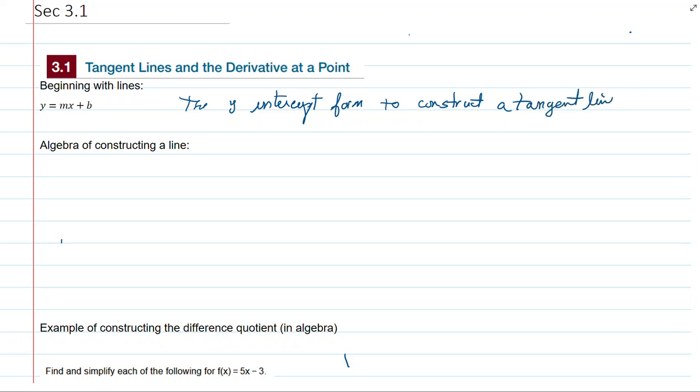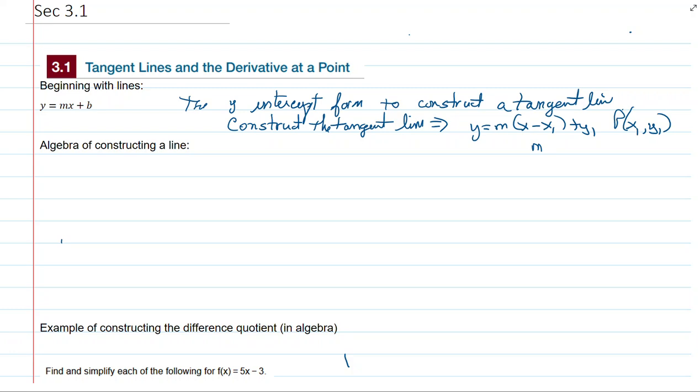And in this course, to construct it, I'm going to use y equals m(x minus x1) plus y1, where my point is x1, y1, and my slope is the derivative at the x value, f prime of x1.